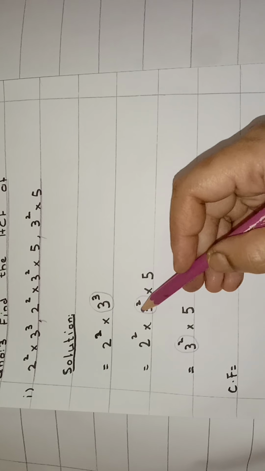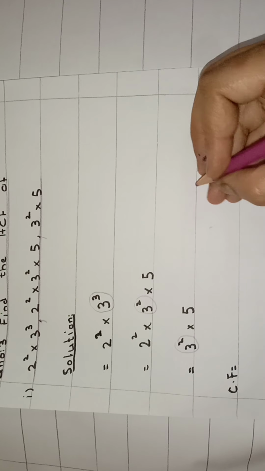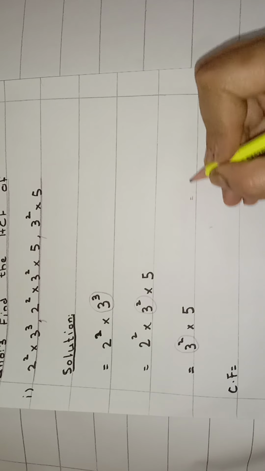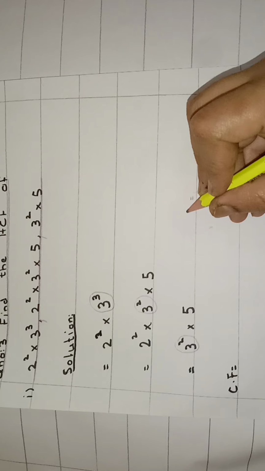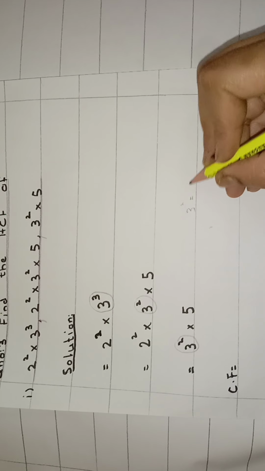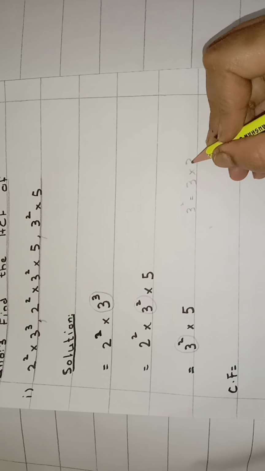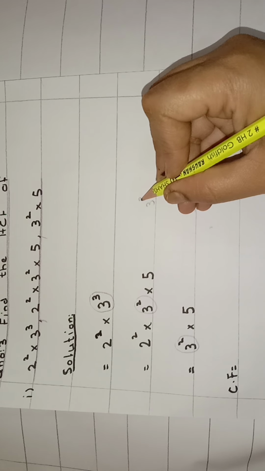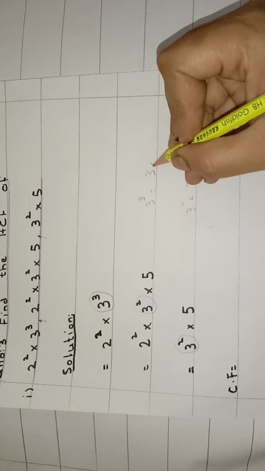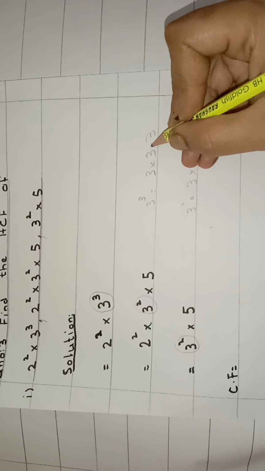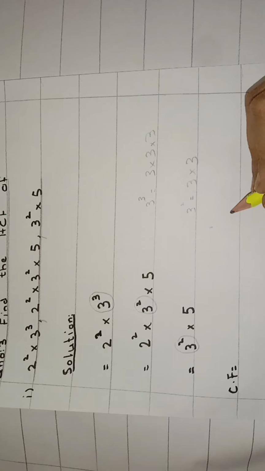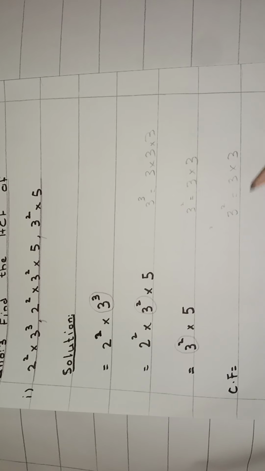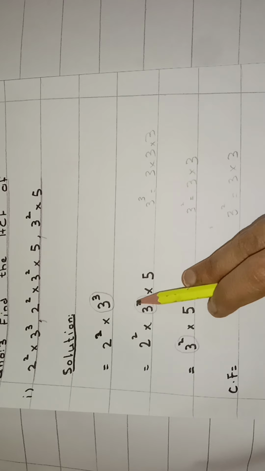If we observe their power, 3 power 2 means 3 times 3, and 3 power 3 means 3 times 3 times 3.